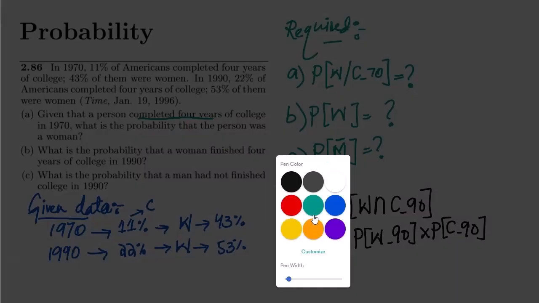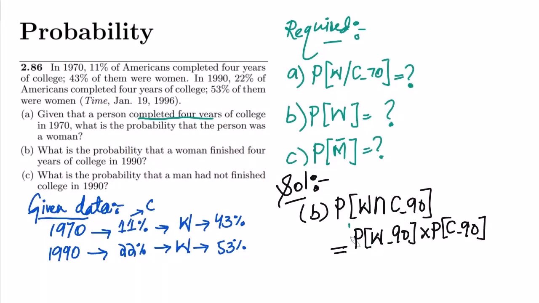Okay, so we can very clearly see that this probability has been given, and this is in the 90s here. So this is 0.53 here, so let me write it here, 0.53, and multiplying it with the probability of obtaining the college degree in 1990, that is also given. And how much is this?